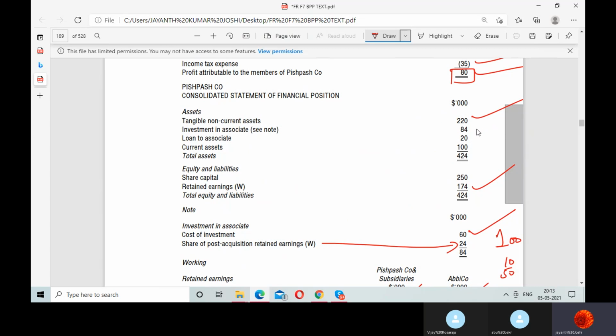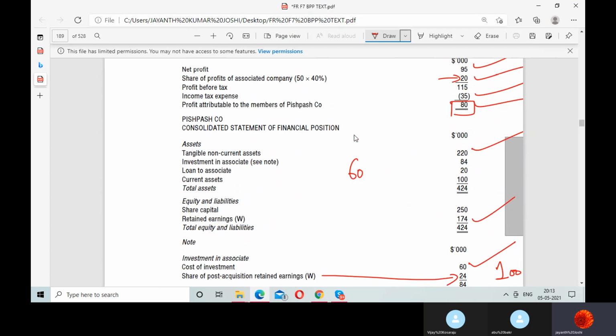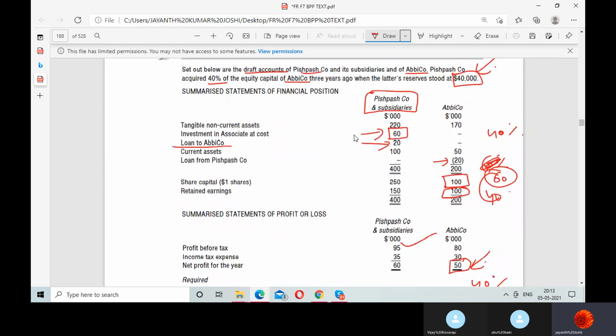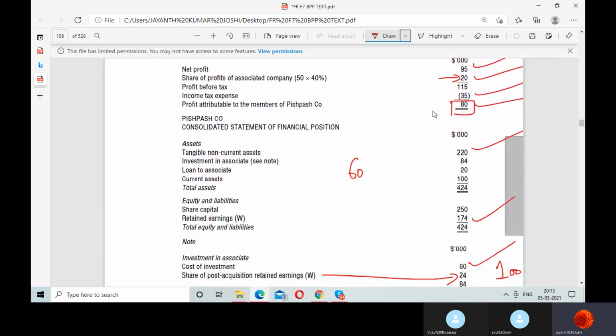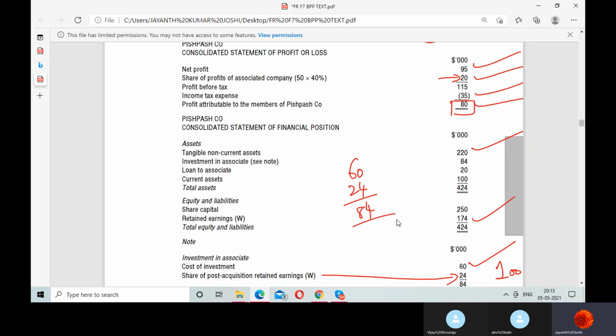And 60 was already the value, the investment, the cost, and that has grown by how much? 24.